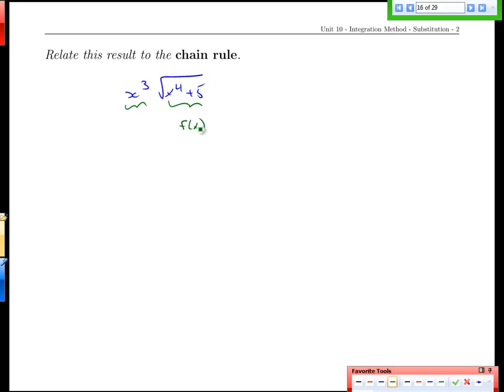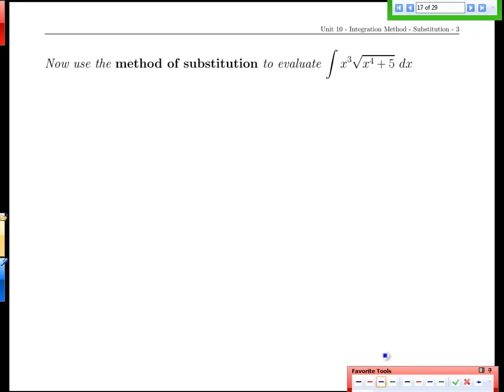We had a function inside, and then we had its derivative. Derivative of x to the 4 is like x cubed, up to some constants. And so we had this pattern of a function inside something else multiplied by its derivative.